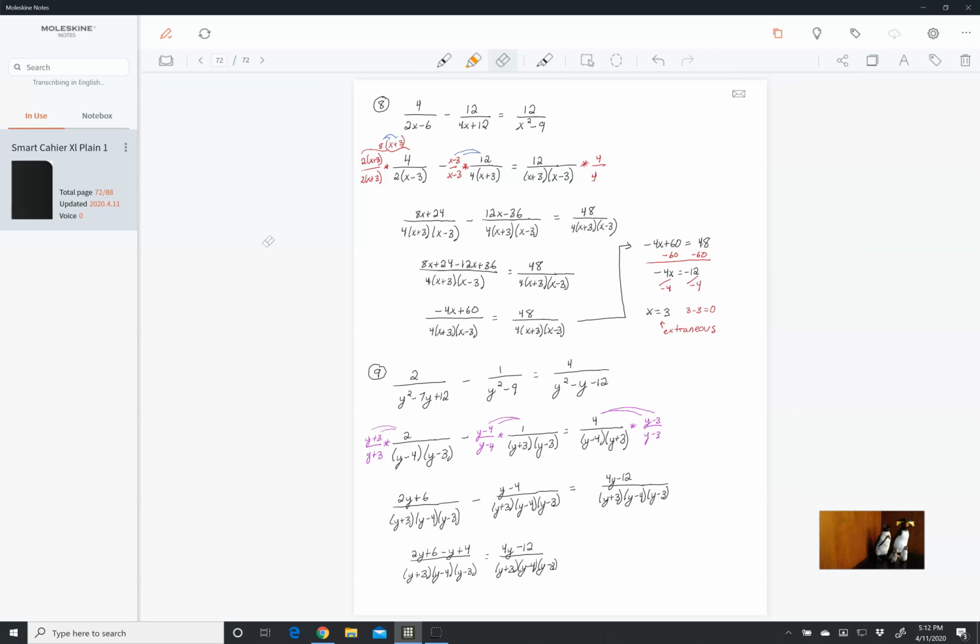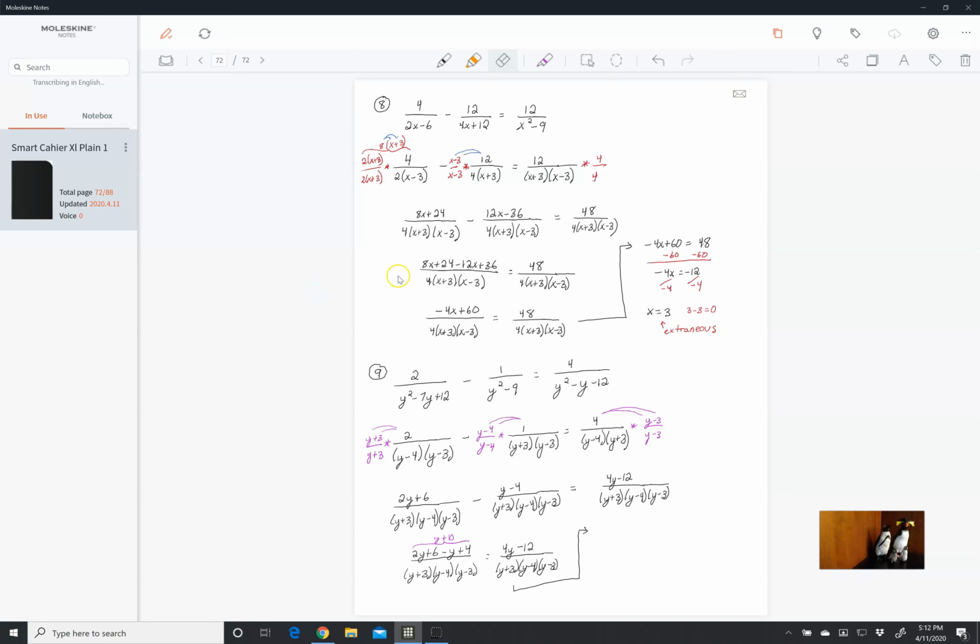And I'm going to skip a step here, really just to save some room, and it shouldn't be necessary anymore. Okay, so the step that I'm skipping here is this one. This, when we combine it, is y plus 10.